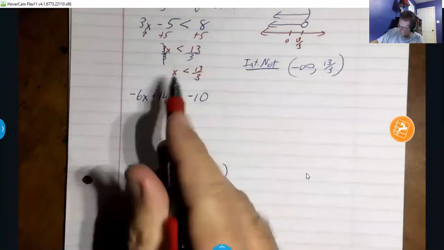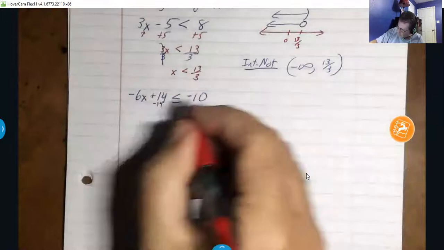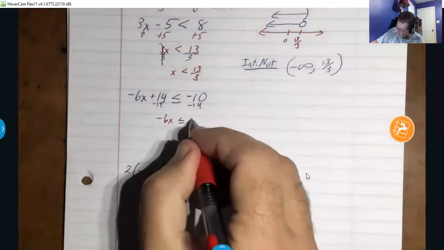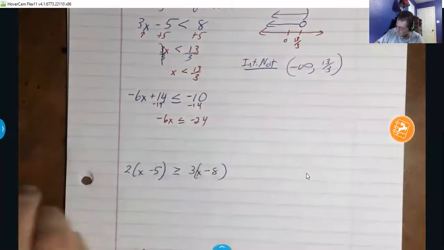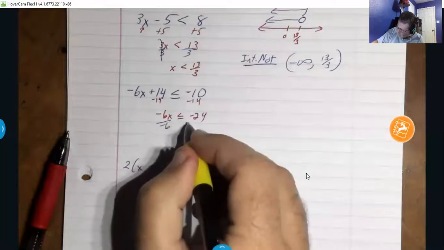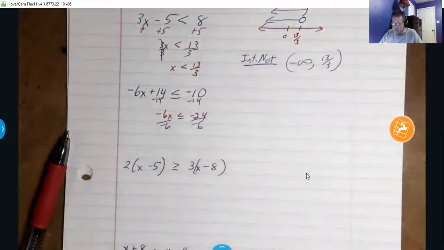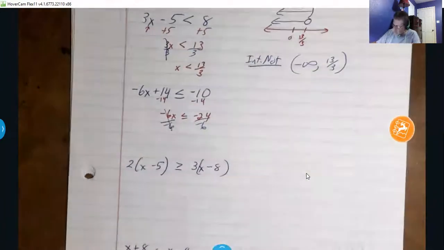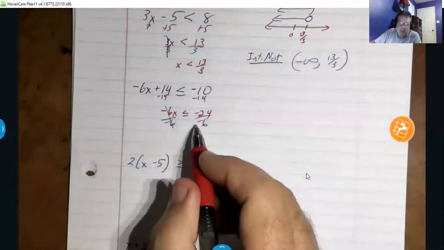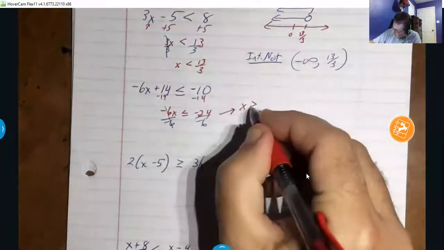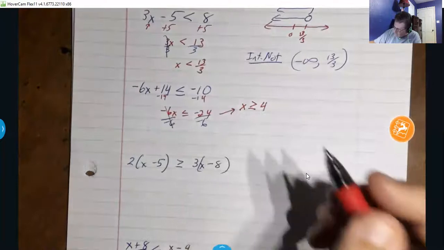Same thing. We got to get rid of the 14, so I'm going to subtract 14, which makes no difference to my symbol. And we're at this step here, negative 24. So now we got to get rid of the negative 6. We're going to divide by a negative 6. Anytime I divide or multiply by a negative, the symbol flips.